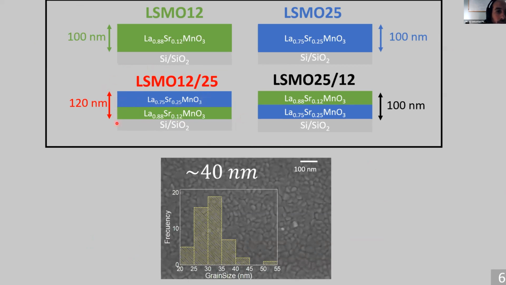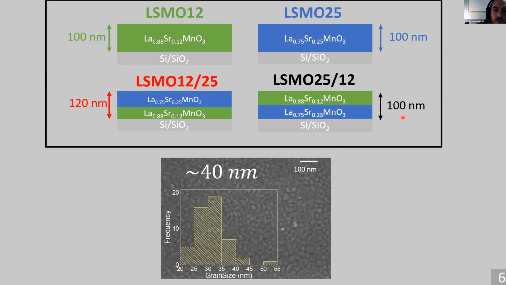We grow this bilayer, and then we grow a similar one changing the stacking order. We grow these films over silicon substrate. So the growth is polycrystalline with a grain size of 40 nanometers. In the literature, you can find this as nanocrystalline.